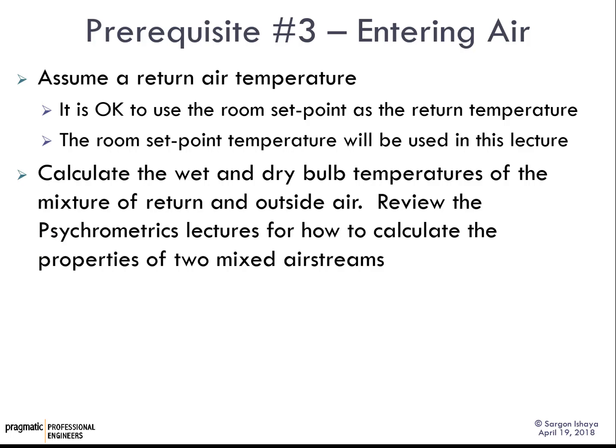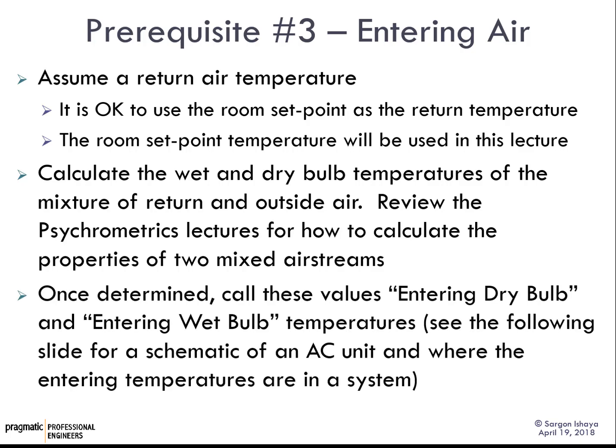And then you could take that as your wet bulb temperature. So you're going to calculate the wet and dry bulb temperatures of the mixture of the return and the outdoor air. And again, the outdoor air condition is taken from the system checksums report. So once we've determined those values, we have what's called the entering dry bulb and the entering wet bulb temperatures.